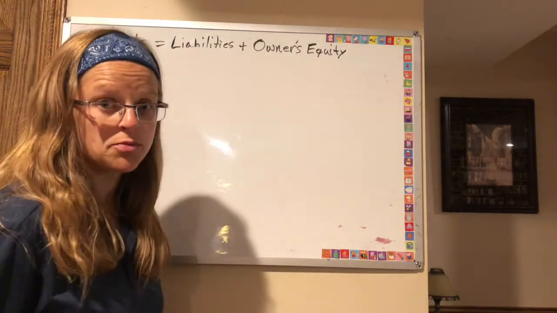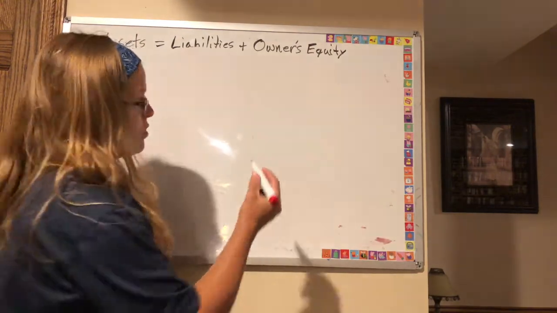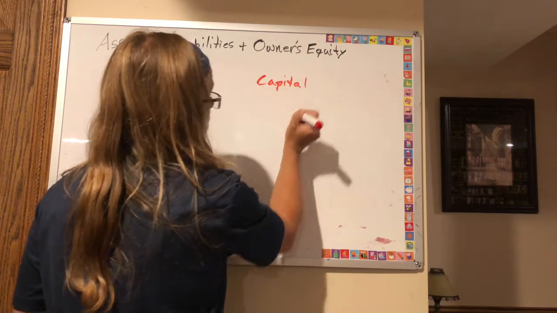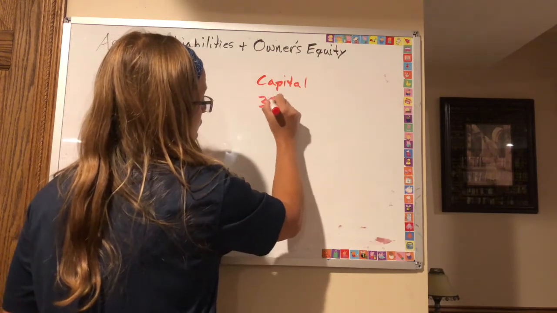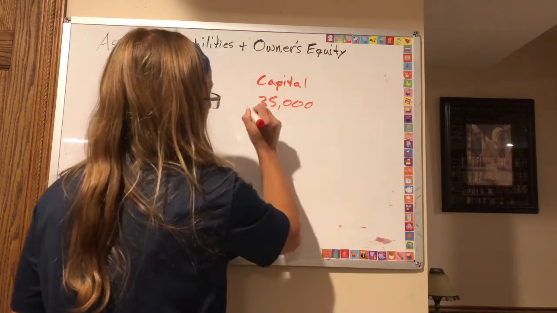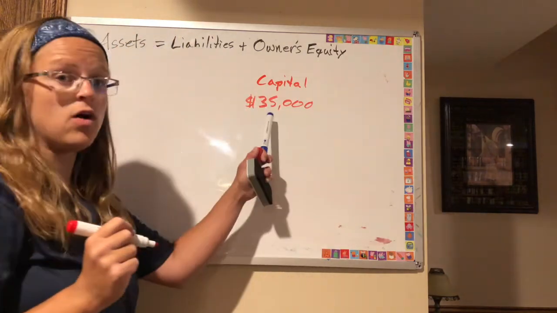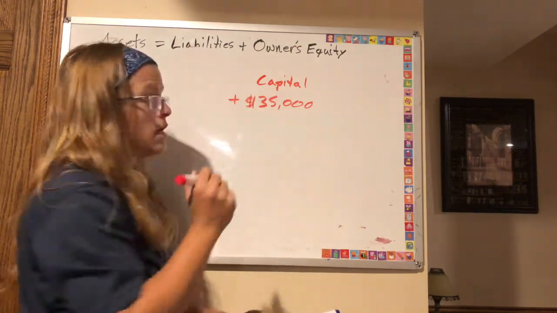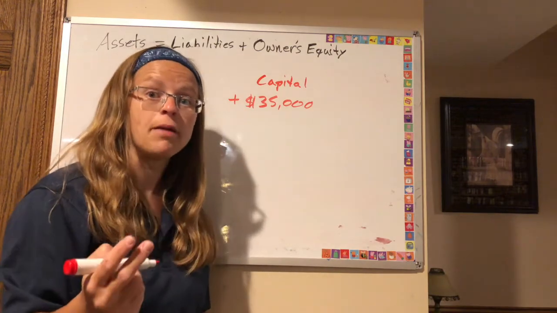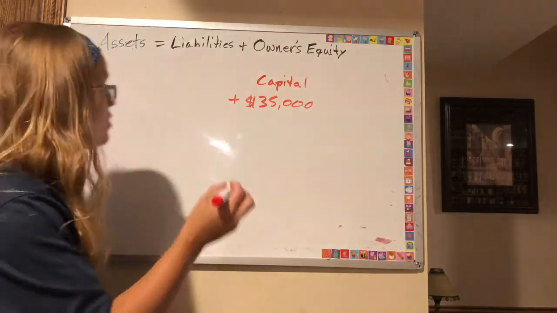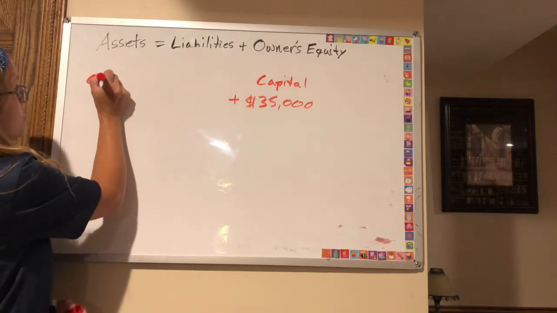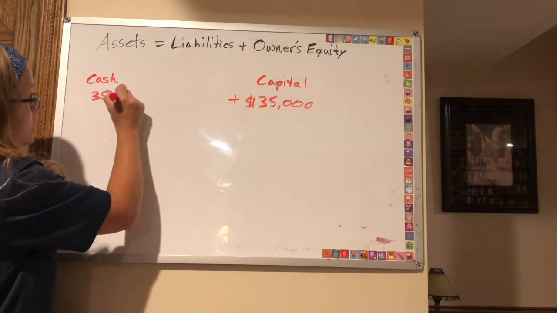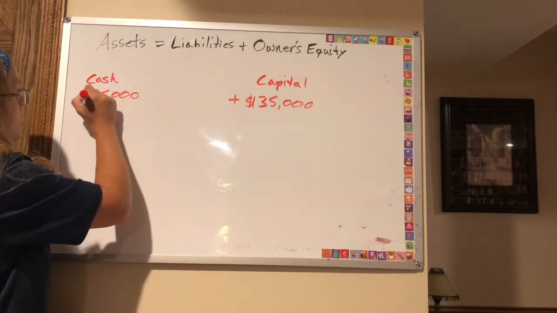So Ann's investment will go into a capital account. So capital, and it's a $35,000 investment, right? So this account increases. So this is a plus to this account. Now the other account that will be impacted is the cash account. So cash is being invested into the organization, $35,000.